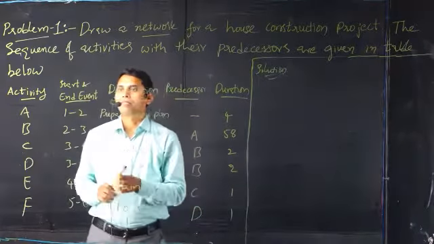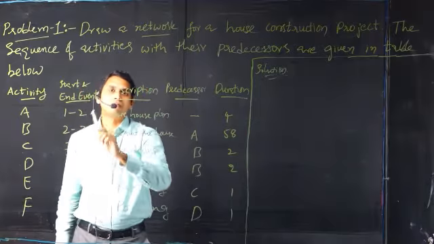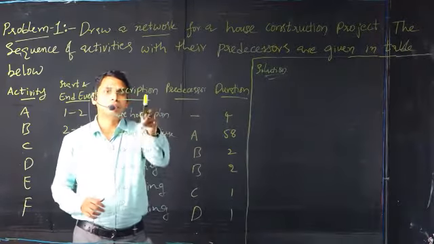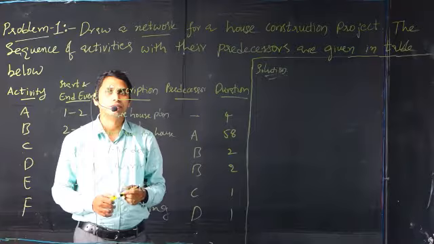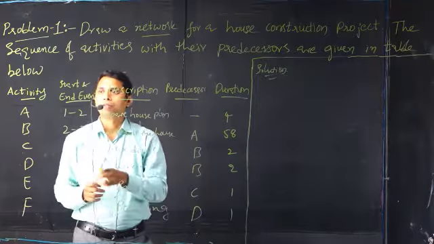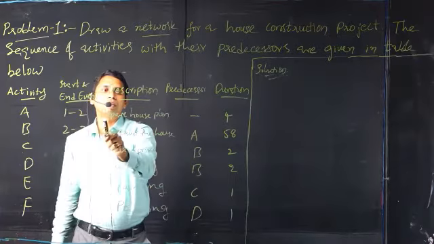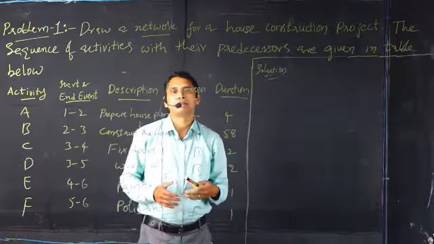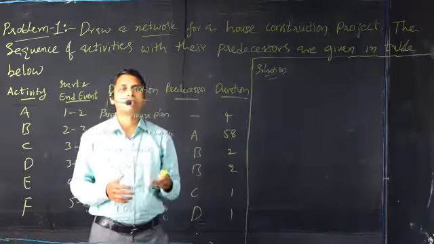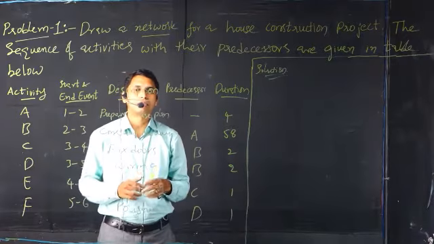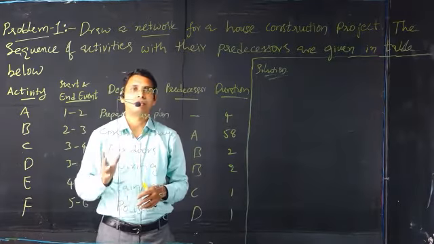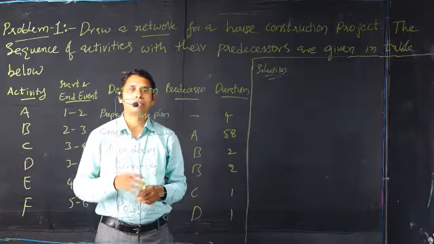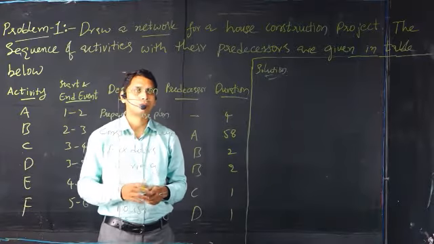That's why the starting event and ending event are also given here, and then the description. So activity A is nothing but preparation of the housing plan. When you start to construct a house, the first activity required is the preparation of a house plan.